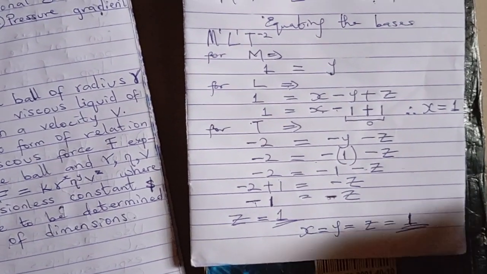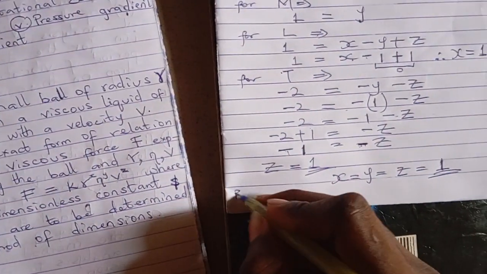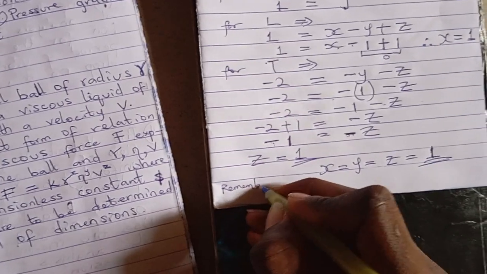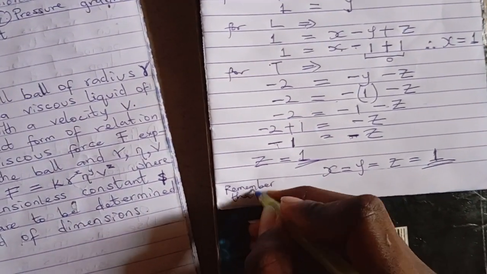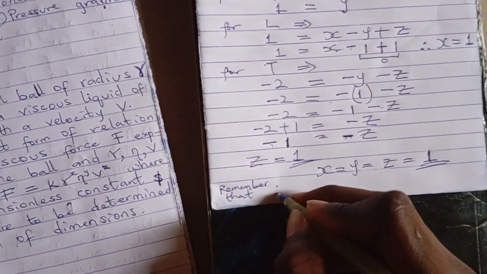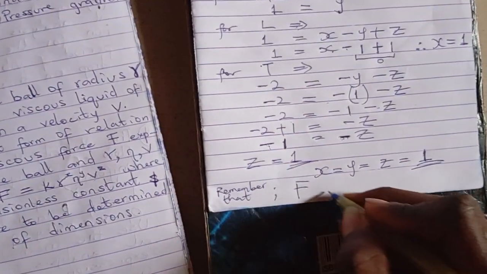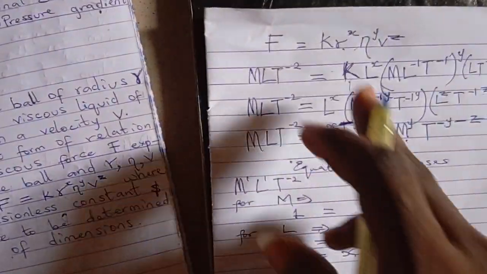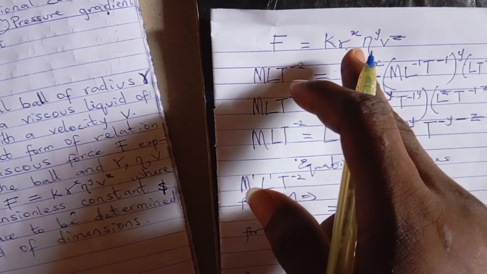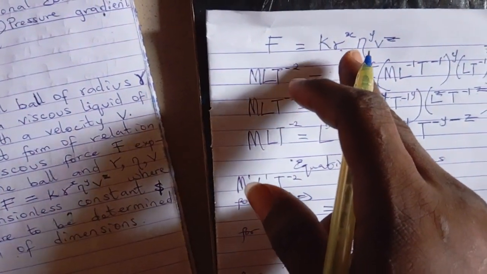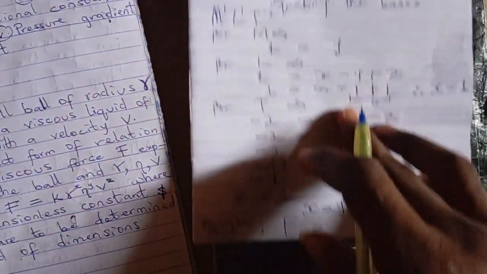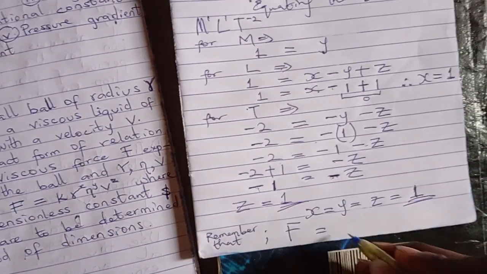So let's go back. Remember, we now go back as a science student. Remember that F is equal to k r to the power x, coefficient of viscosity raised to power y and velocity raised to power z. So we replace everything with the values now.